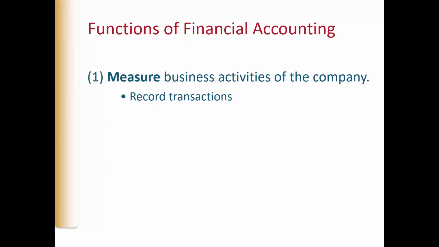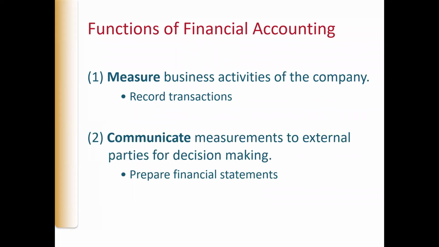Why do we have financial accounting? It is related to numbers, although it is not math, but we communicate information to users by measuring various business activities. And when we measure them, we think about, okay, what is happening?